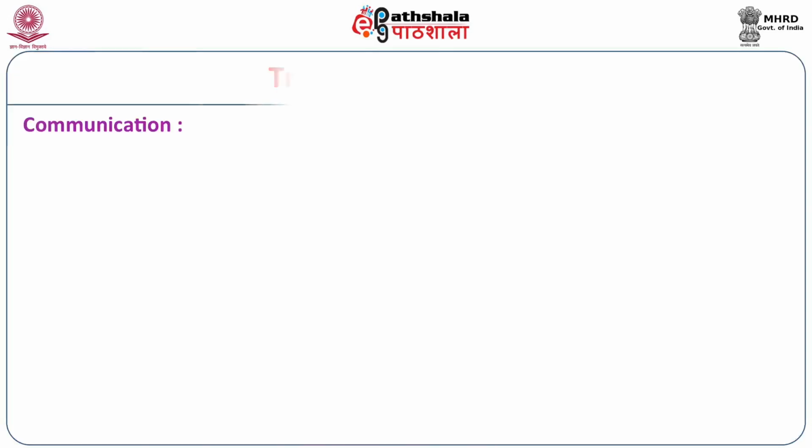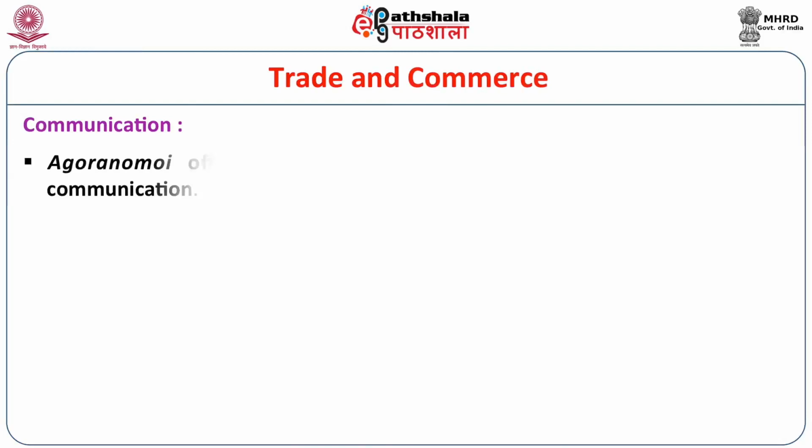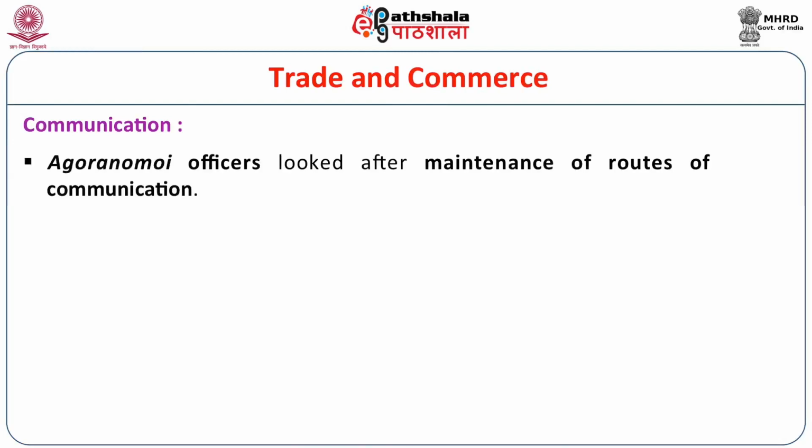What we get next? In connection with trade and commerce, as I told you, transport was also taken into consideration for determining trade policy. So, in connection with communication, agronomy officers looked after the affairs of route communication.